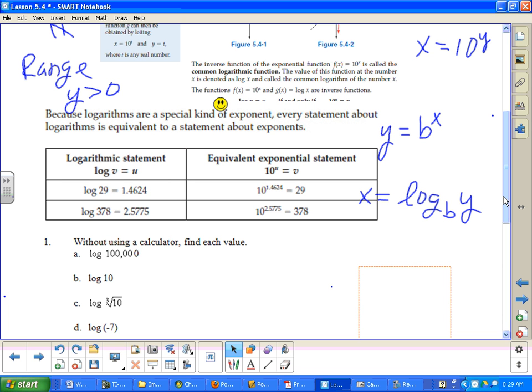So basically, because the base here is 10, I'm going to take the base, which is 10, raise it to that power, and then it equals this number here. So 10 to the power of 2.5775 equals 378. So today we're going to look at just common logarithms and natural logarithms, and then tomorrow we'll look at ones with other bases besides 10 and e.